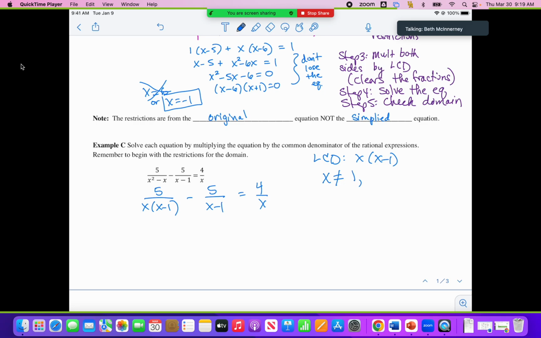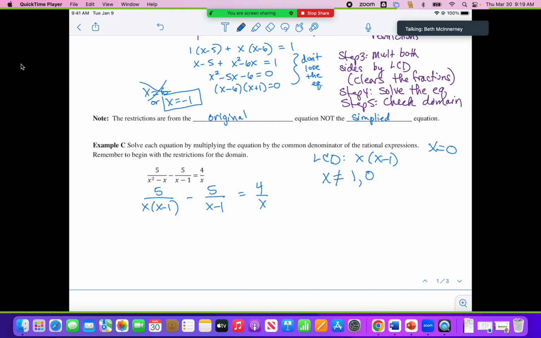And what else? Well, let me back it up. How did you get x was 1? You're right, but how did you do it? All right, good job. You set x minus 1 equal to 0. So then what's the other factor? X, right? So if you set x equal to 0, what's the other one? So x can't be 0.